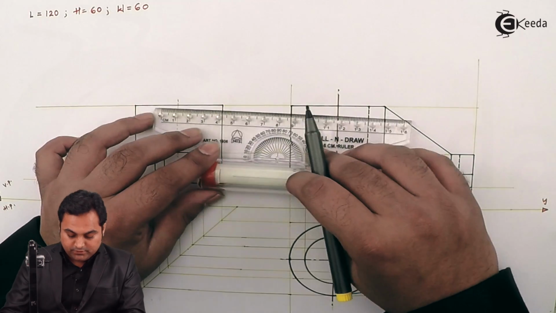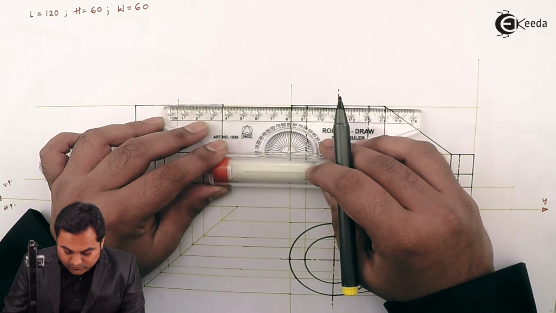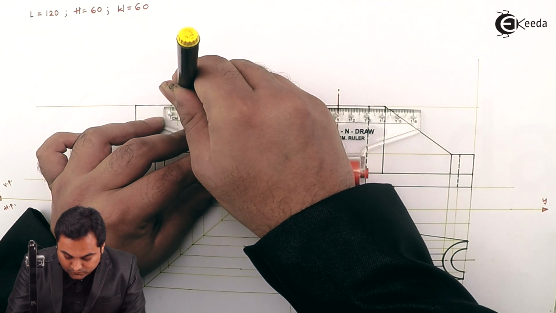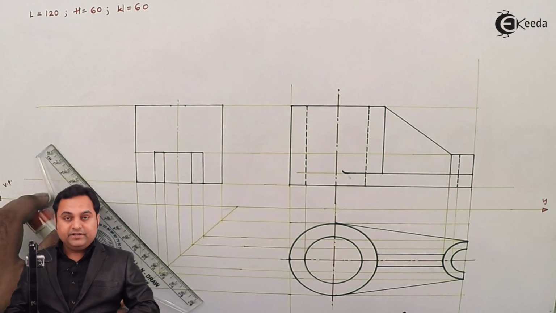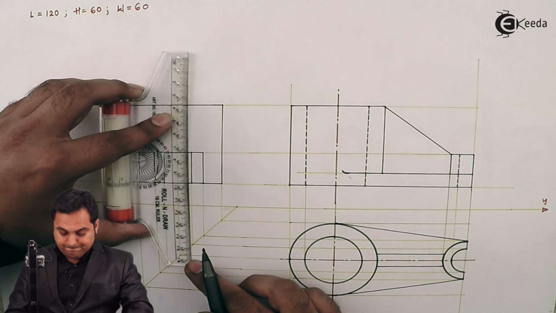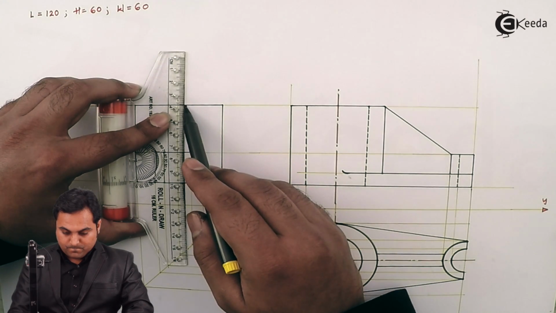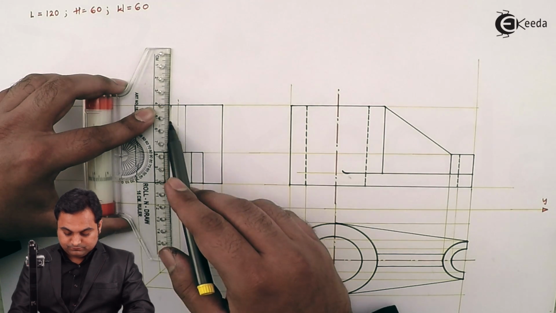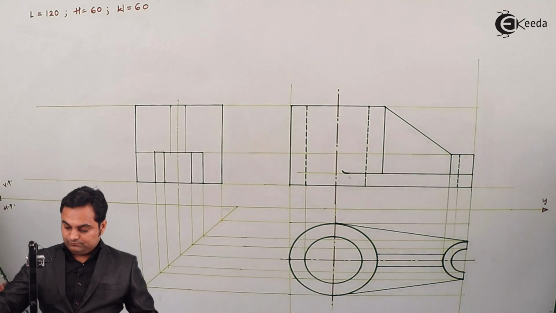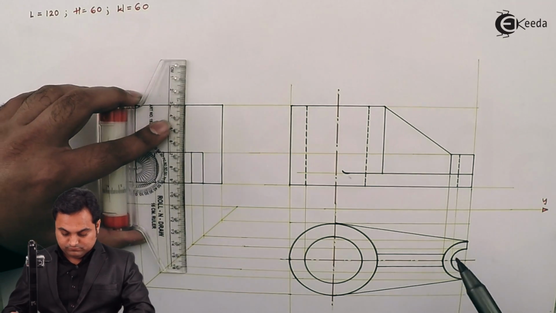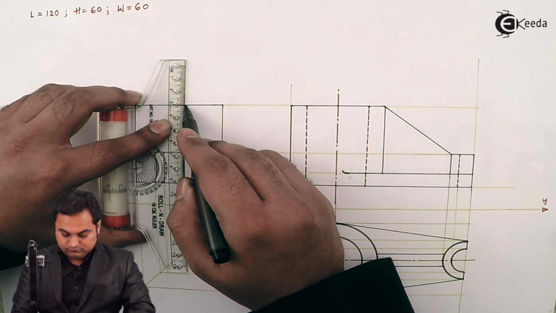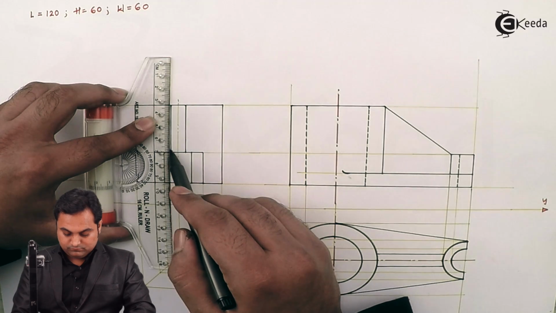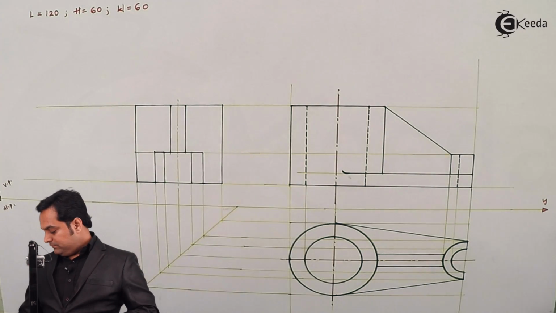So here, if I am taking from the center 5 mm on both sides, that will indicate the rib. Making the rib dark.